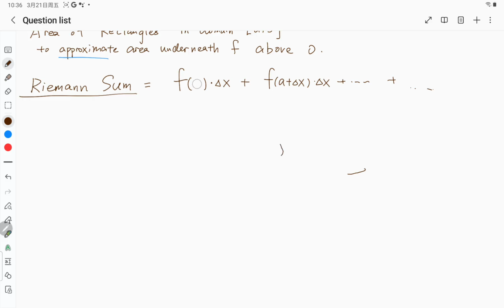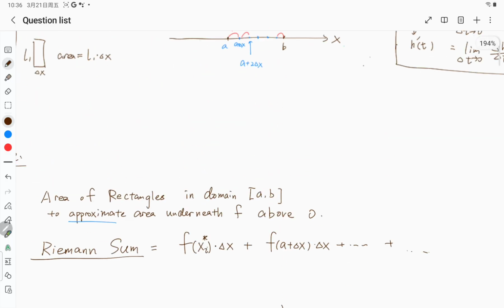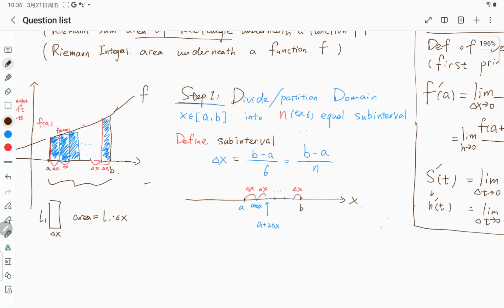Instead of f(a), I write f(x_i star), because each of these is some x_i on the interval a b.